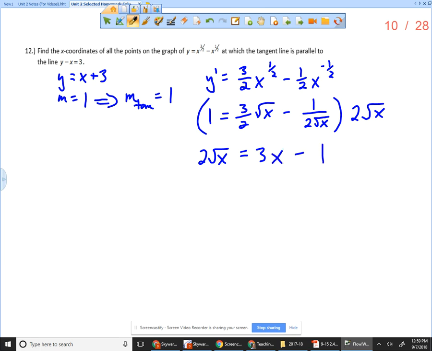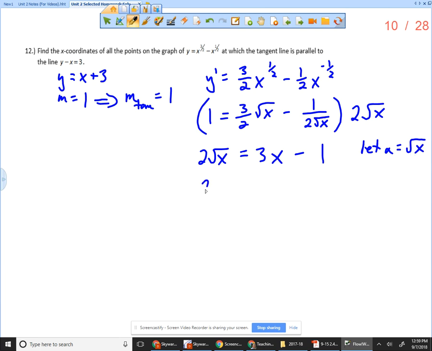Now this equation looks very difficult to solve, but it's actually not that bad, because it is really just a quadratic equation. Let me explain what I mean. On the side, let's call it some variable a. We let a equal root x.